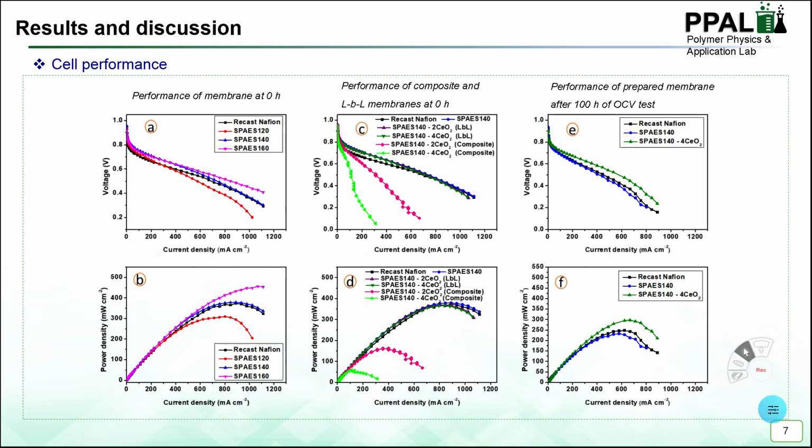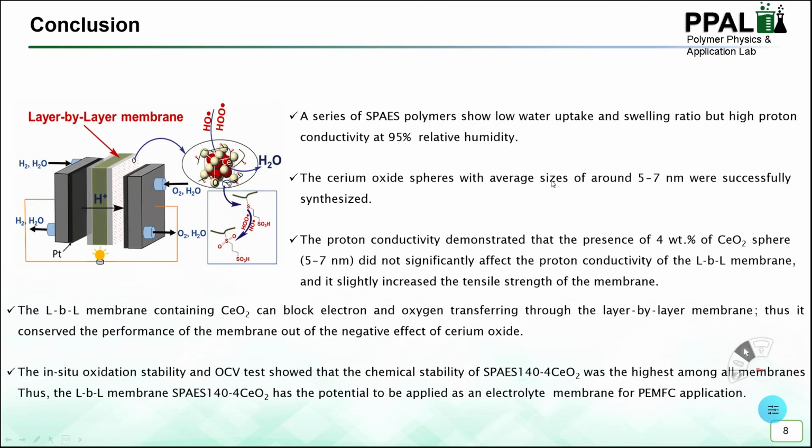So that means the chemical degradation of the layer-by-layer membrane containing 4% of cerium oxide is the lowest, and we can see the performance of the cerium oxide nanoparticle to scavenge the radicals. And finally, that is the conclusion.